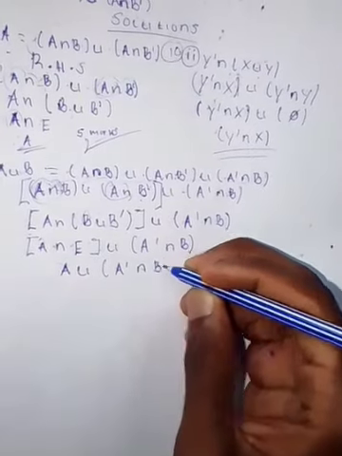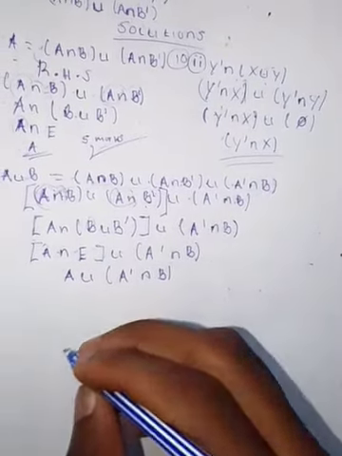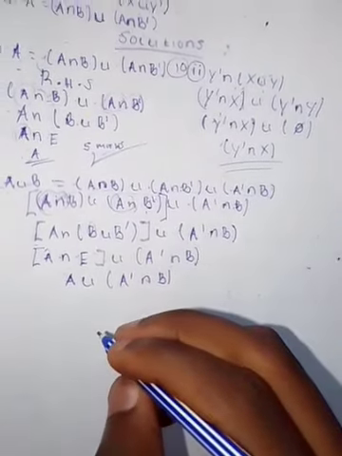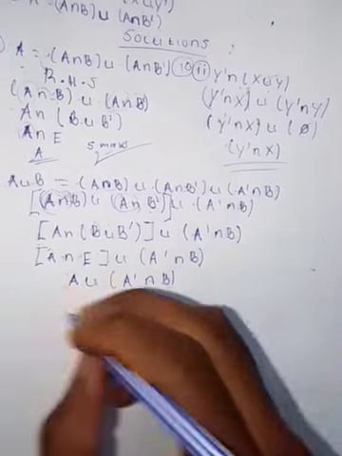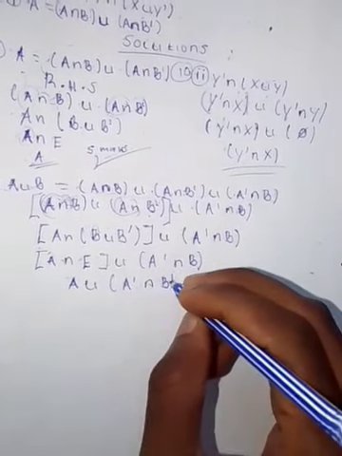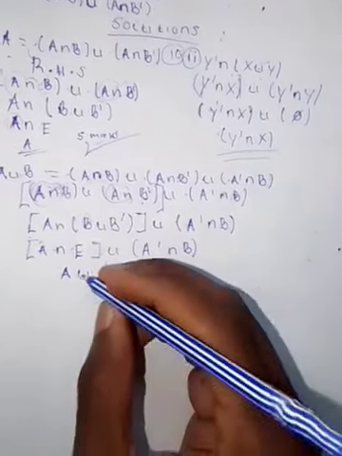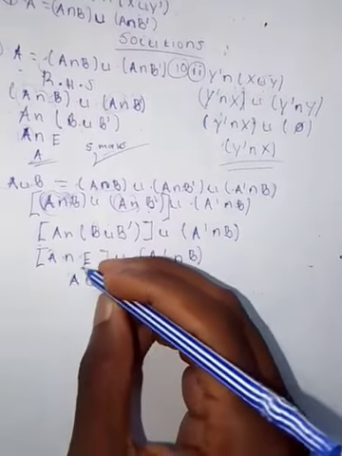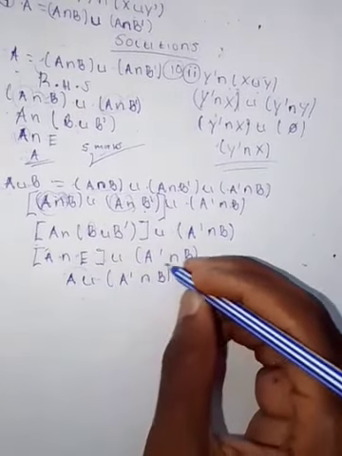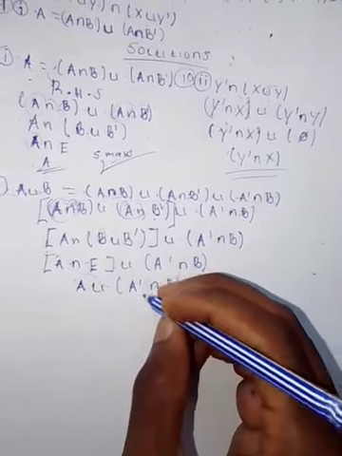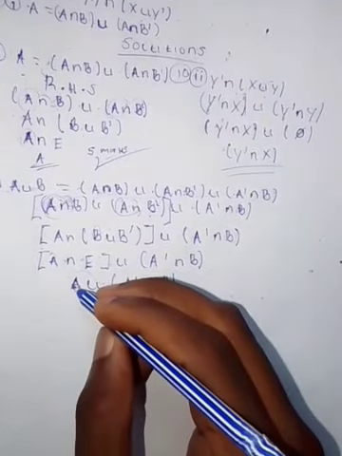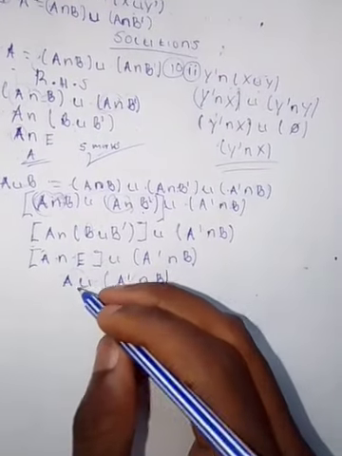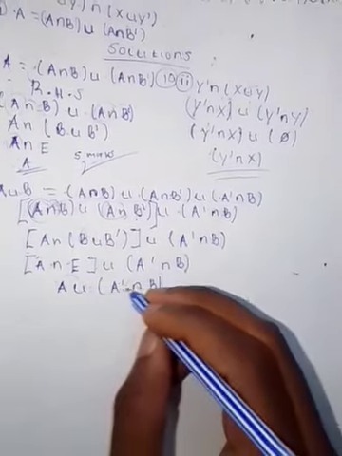Okay, now again remember the distributivity property. Since they are like this, we are now going to expand them again. We're going to multiply this with this and this with this, then they'll be separated by this. As you can see, it has three different sets. The moment you see three different sets, it means that you need to multiply through.